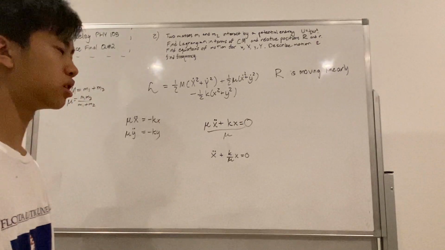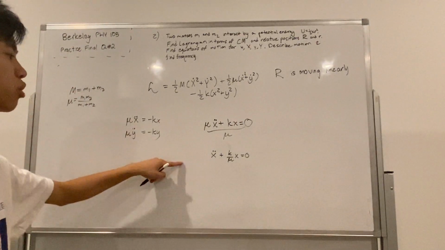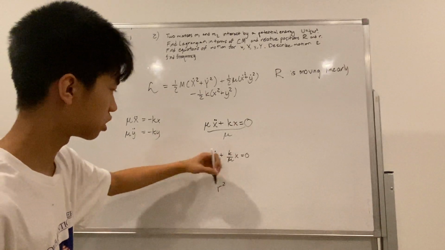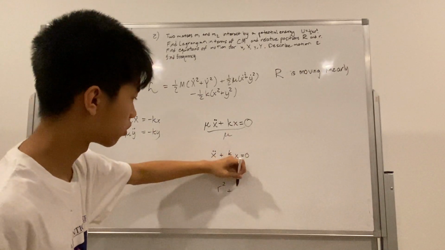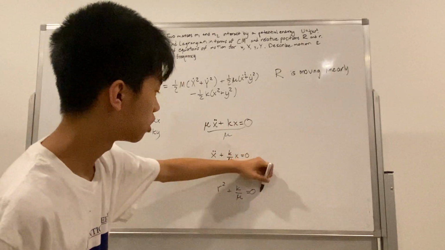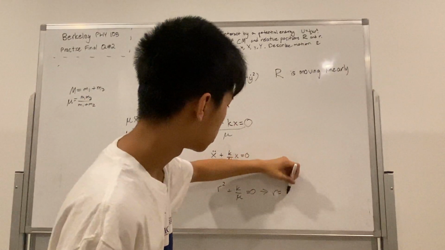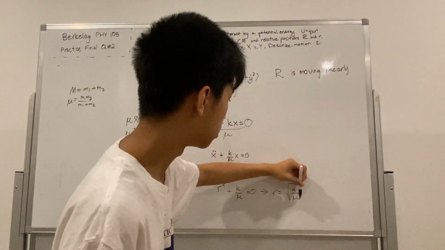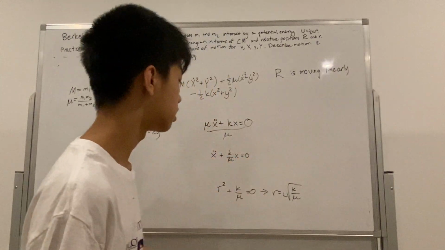Now we can find the characteristic equation for this second order differential equation since it's homogeneous linear. This is r squared plus k over mu equals 0. R equals square root of k over mu times i.